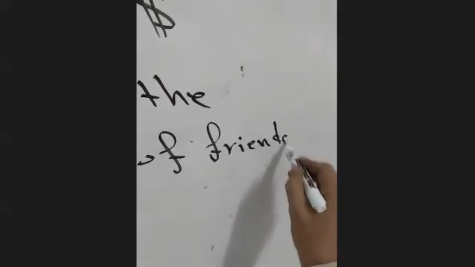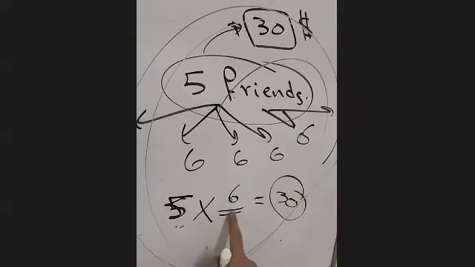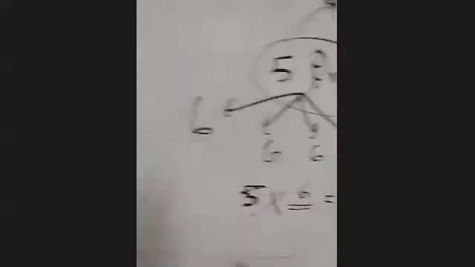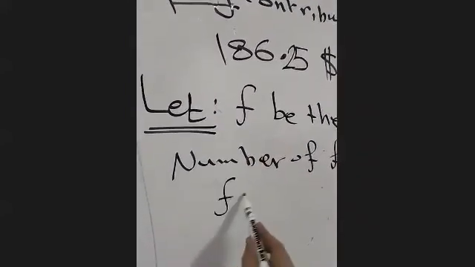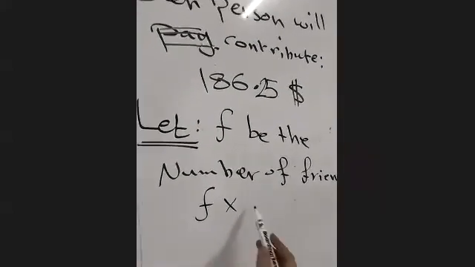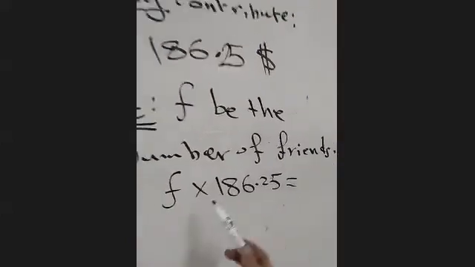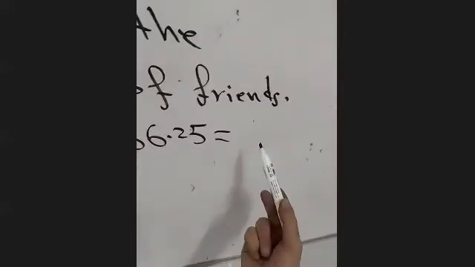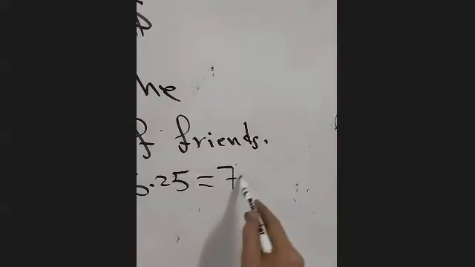Now focus with me. Here I said the number of the friends multiplied by what each one pays is the total cost, right? I will apply it here. The number of the friends, F, multiplied by how much each one will pay? 186.25. Good boy. If you multiply the number of the friends by this number, the answer should be the total cost, $745.